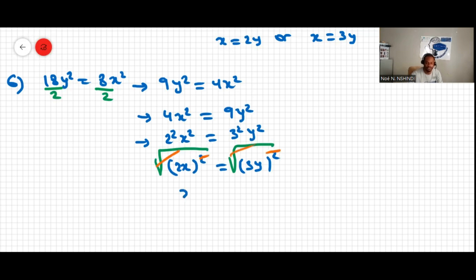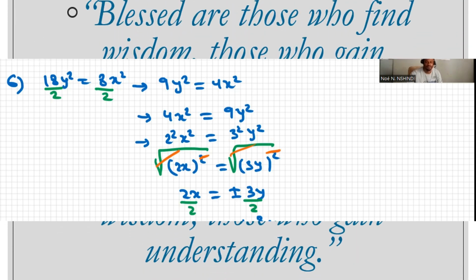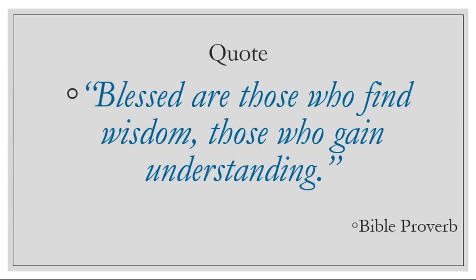And then that makes 2x equal to 3y, plus minus y. Now, to get the value of x, we divide both sides by 2, and then we get x equal to plus minus 3 over 2 y.